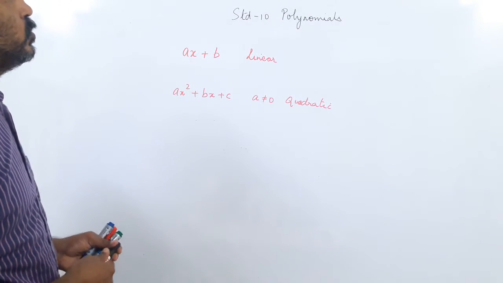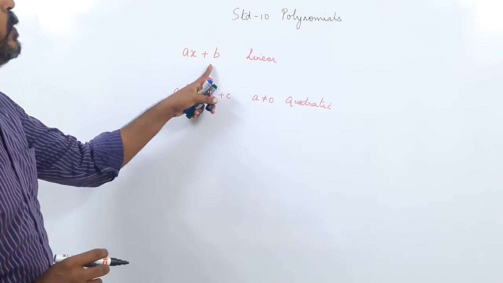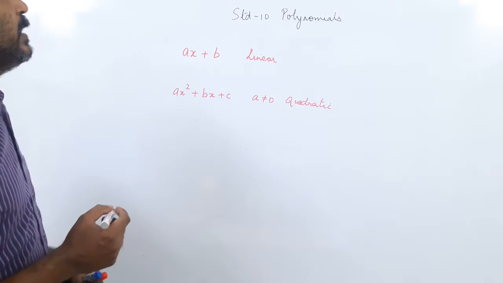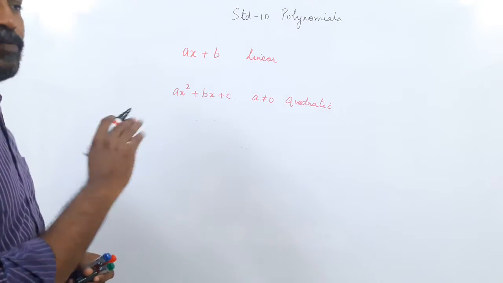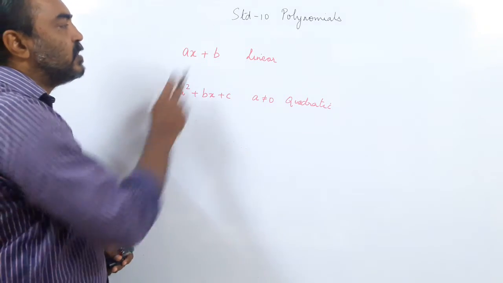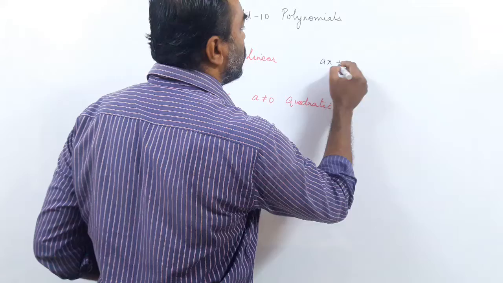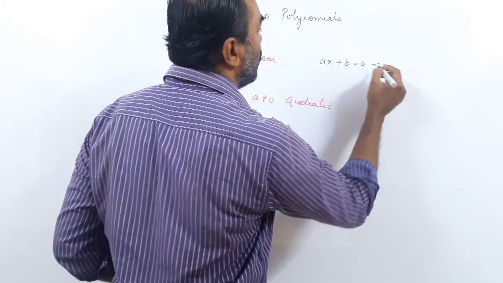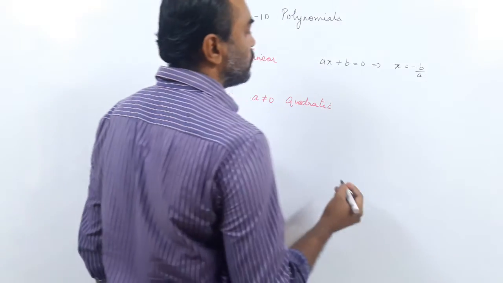So the graph of a linear polynomial is a straight line. If the straight line is parallel to the x-axis, it will never cut the x-axis, so at that time there is no zero. But if it does cut the x-axis, then ax plus b equal to 0 implies x equal to minus b upon a.